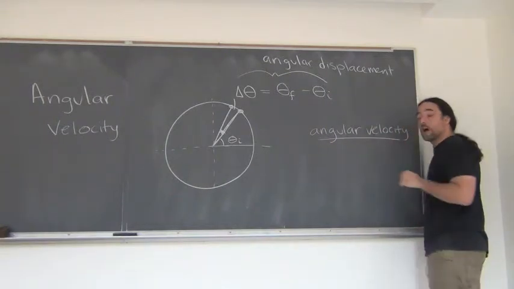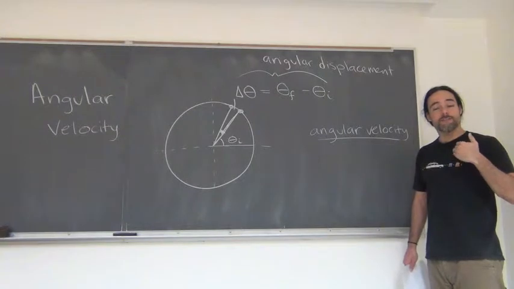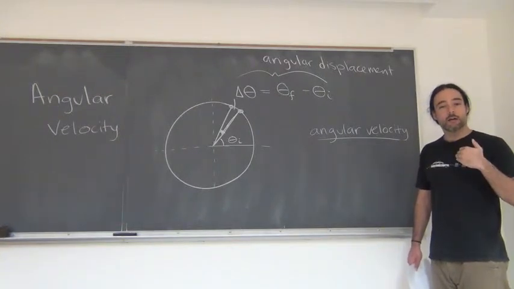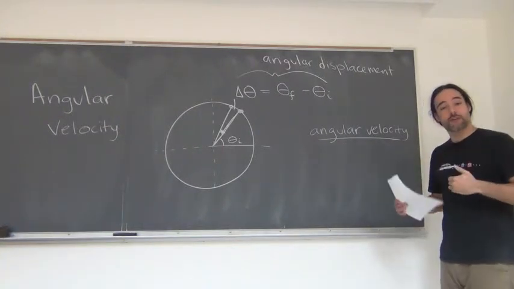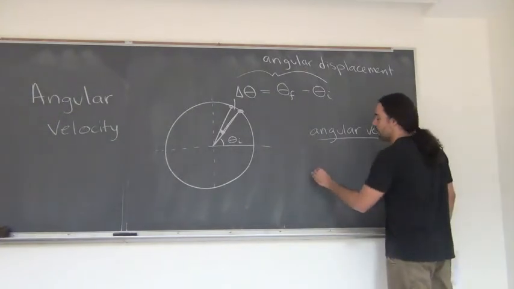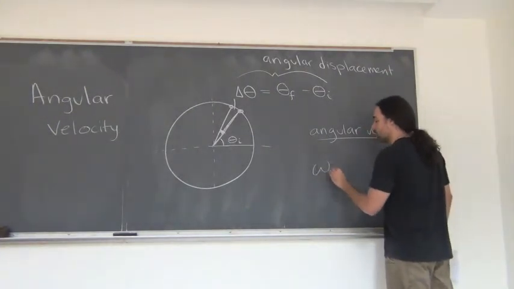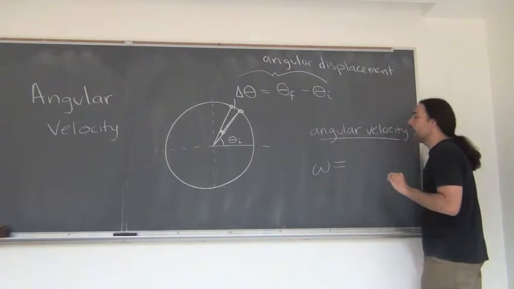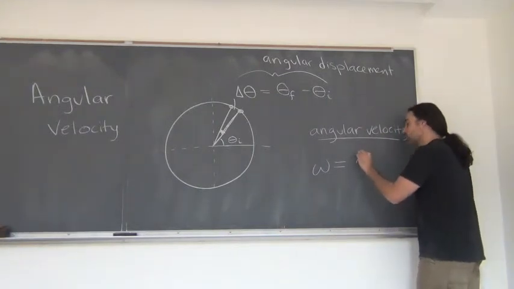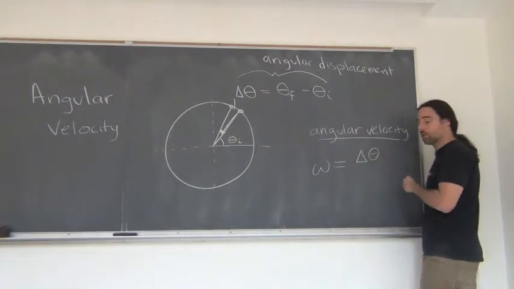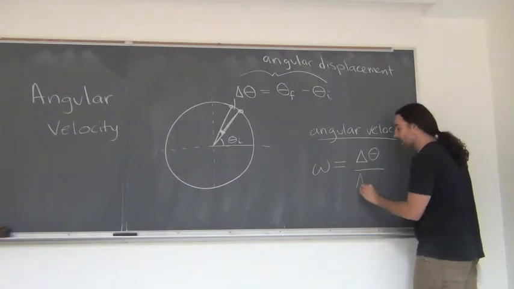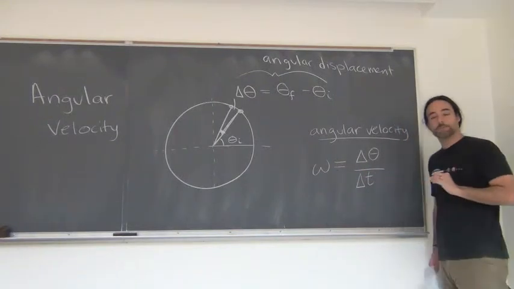And the angular velocity is defined in a very similar way to the normal velocity that we deal with, just the regular linear velocity. The angular velocity is going to be the change in the angle, or the angular displacement, divided by the change in the time.